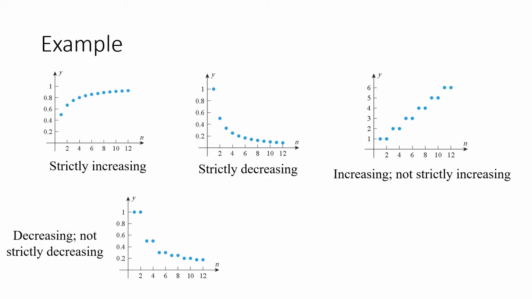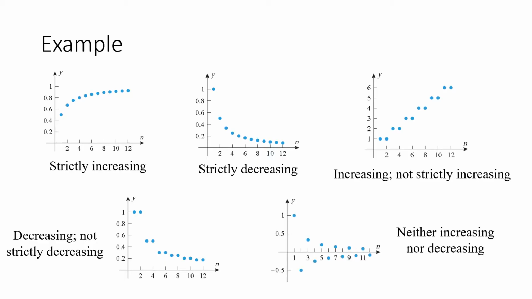The same thing happened as in the previous example, but in a decreasing manner, and there are elements within the sequence that have the same value as another element. And this is neither increasing nor decreasing. As you can see, as the sequence progresses, the elements are alternating with each other. So these are examples of different types of monotones.